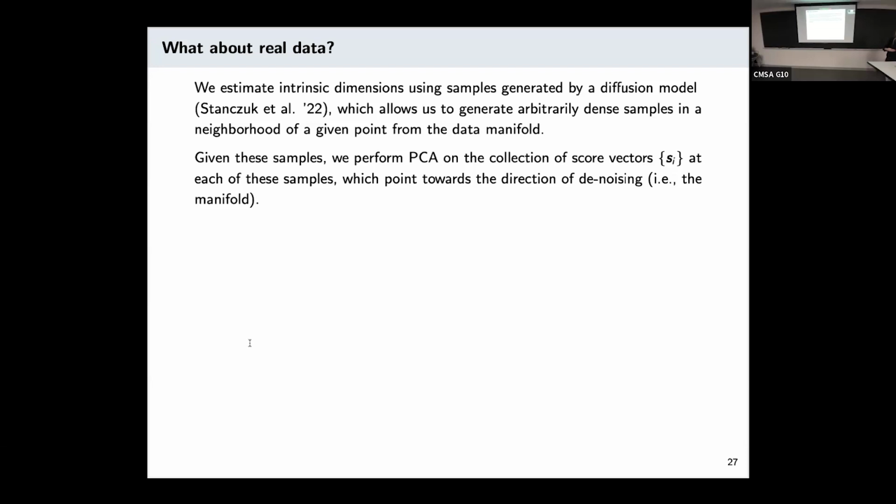This is not something that we can mathematically show, but a computational way to get some intuition could be to use a diffusion model. You could think of the diffusion model as learning some sort of implicit representation of the manifold that we can then sample from. In principle, we can generate an arbitrarily dense sample with a trained diffusion model.